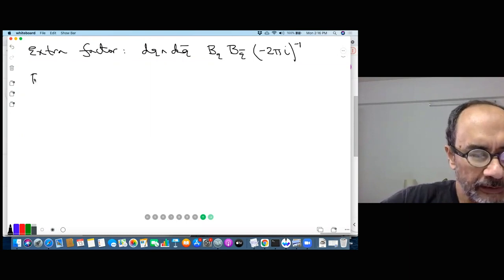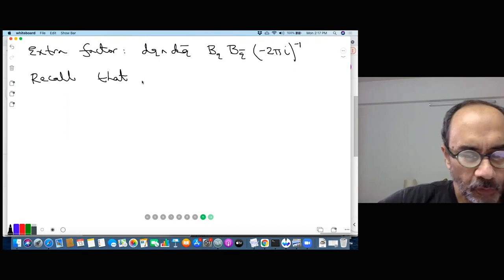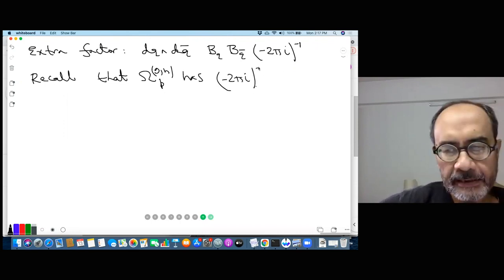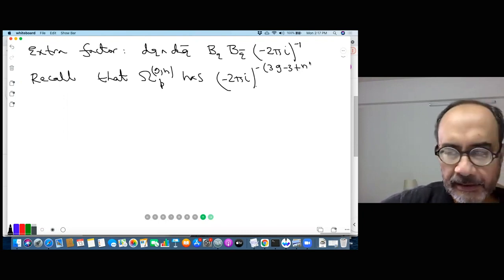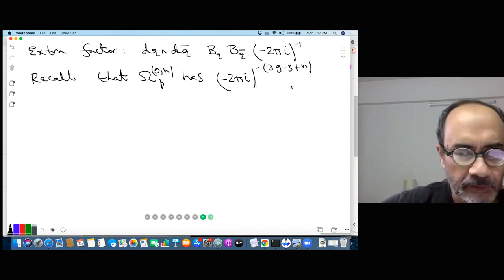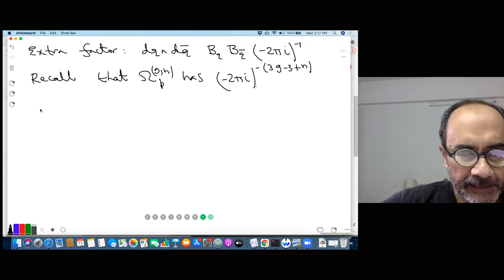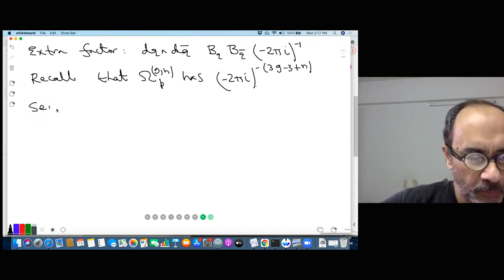So recall that omega g n p has minus 2 pi i to the power minus 3g minus 3 plus n. Okay, it had this factor. And then you can check, what does sewing do? There are two possibilities.